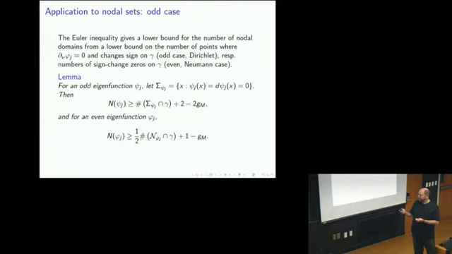So anyway, I just wanted to give some indication that we're using the Euler inequality to make a lower bound on the number of nodal domains in terms of a lower bound on the number of singular points in the odd case, where the normal derivative vanishes on the boundary, and the places in the Neumann case where the function vanishes.